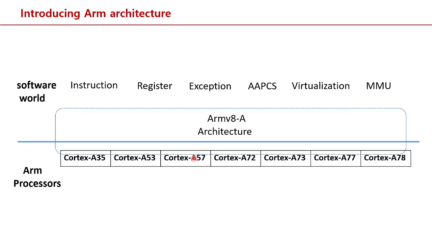Another important thing is that between several ARM processors, the actual implementation of the MMU, cache, and multi-level cache may be different, because those features can be implemented at the microarchitecture level. Microarchitecture level means that this implementation is based on hardware. But if you look at the ARM architecture perspective, we only think about the architectural features.